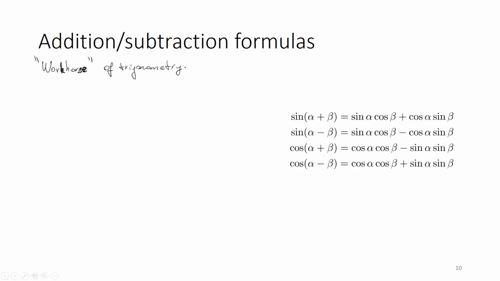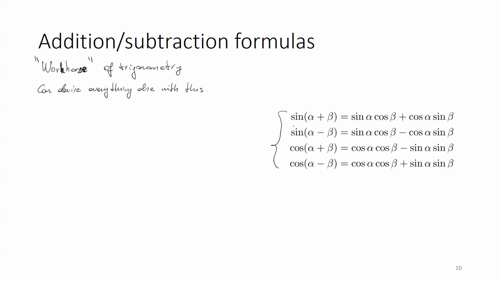Well, using these formulas, you can derive basically everything else. And there's in total 4 addition subtraction formulas. Again, we will not cover the proof. I just want to point out the general structure.